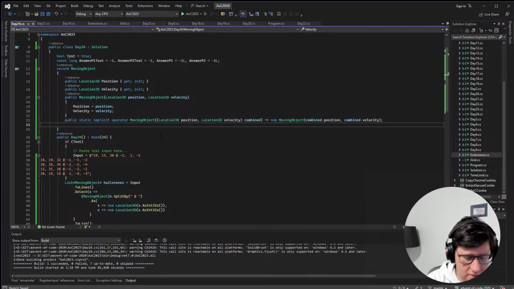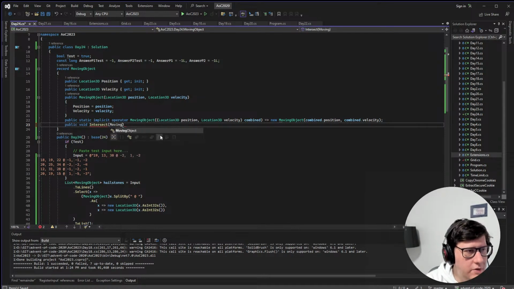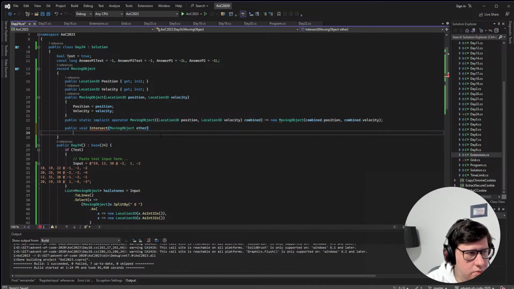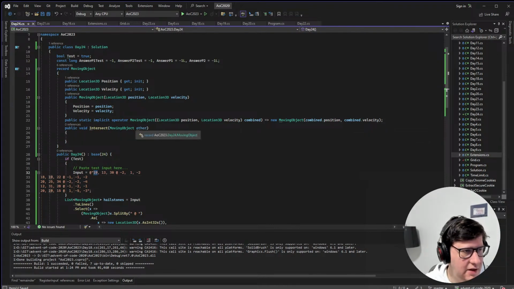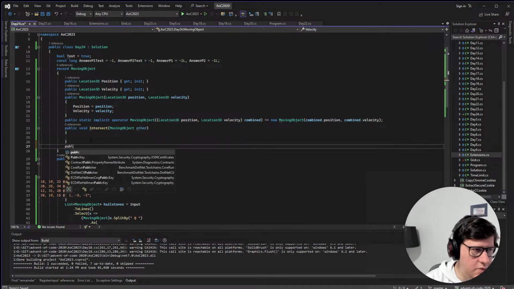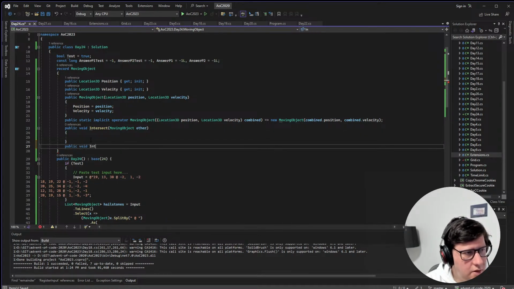So, public void Intersect, MovingObject other. Let me see. So what I said was, for each axis, and this is basically, so this would be public void Intersect int a, int b.